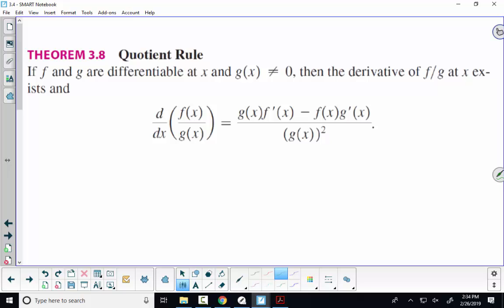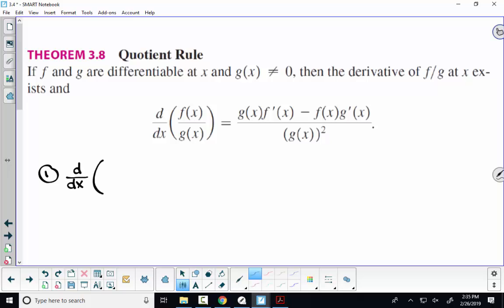And there's two ways to remember this, depending on how you label f and g. Some people will call f the top function and g the bottom function, or we can call f high and g low. So there's two mnemonics, I guess, to remember this. We'll write both. If you have a preference, you can use one.